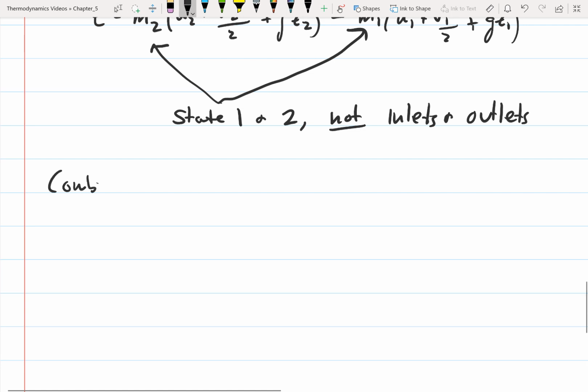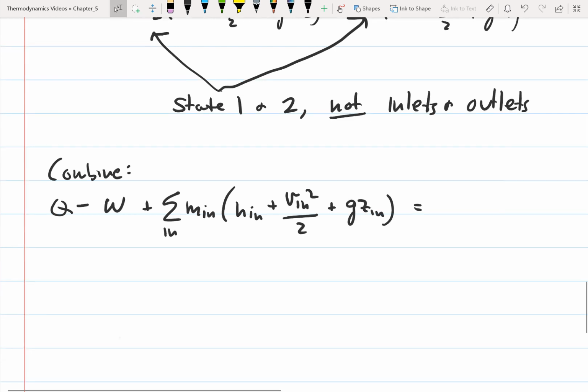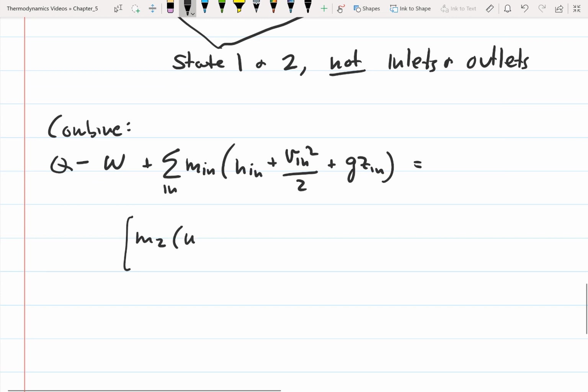So I'm going to combine, and we get Q, and I'm going to move the work over so that this is in a more standard form. So Q minus W, I'm going to put the inlet term on this side and the outlet term on the other side. So we have the mass in times the enthalpy in plus the kinetic energy in plus g z in, and this is equal to m2. Remember, this is our dE/dt term.